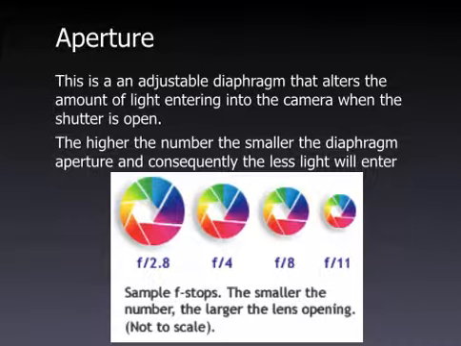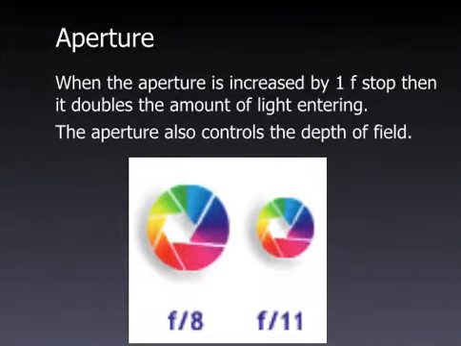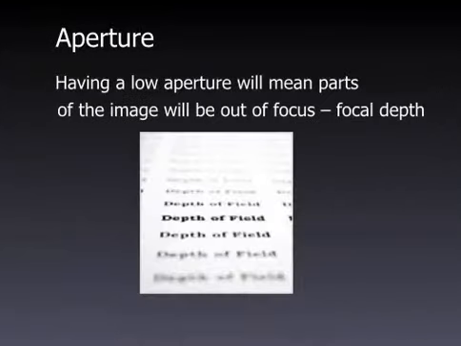When you use f11, you will need to have a slower shutter to let more light in than you would with f2.8. If you have a slower shutter, you may get more camera shake and blurring, so you may need to alter the output of the flash. So hopefully that is all clear now.